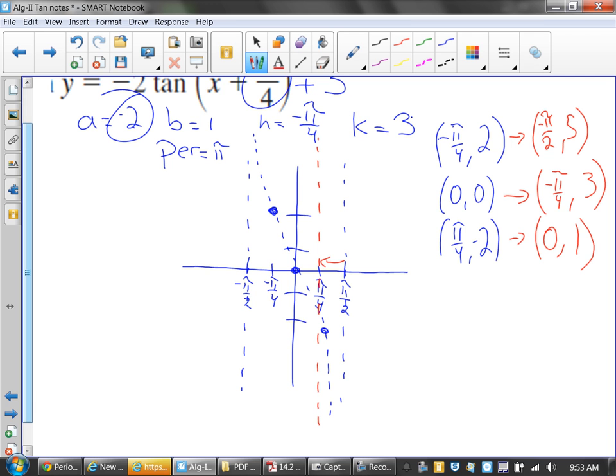This one from negative pi over 2 goes to negative 3 pi over 4. Everybody okay with that? I just moved it over a quarter. Notice the period here between negative 3 pi over 4 and pi over 4 is still pi. The period doesn't change. It will always stay at pi.